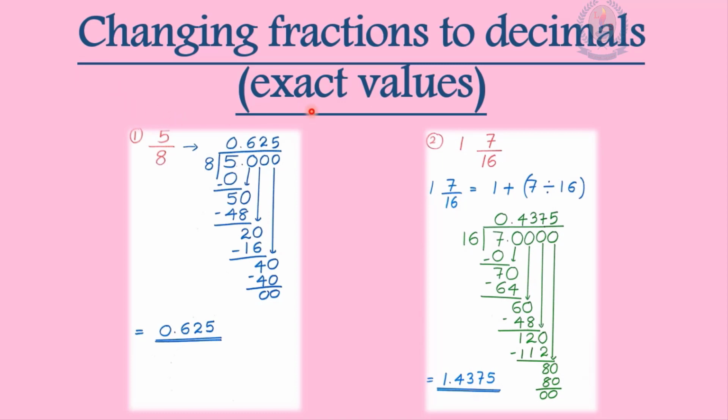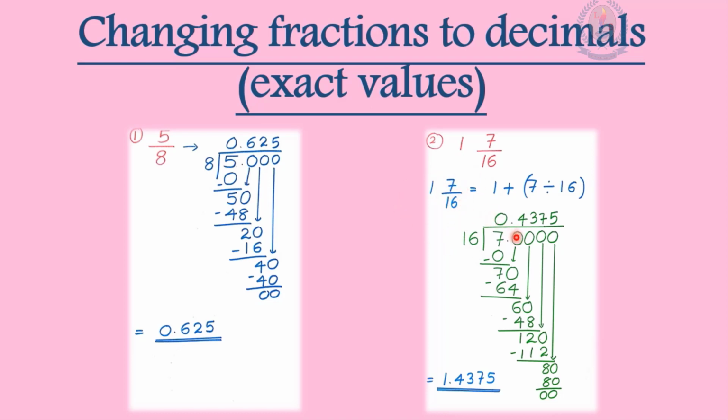Second one, 1 and 7 out of 16, right? 1 is the whole number, 7 out of 16 is the fraction part, right? So we have to convert that fraction part into a decimal. The fraction part is 7 out of 16. 7 is the numerator and 16 is the denominator.